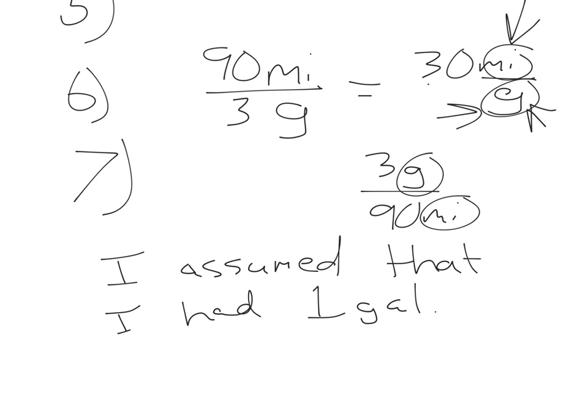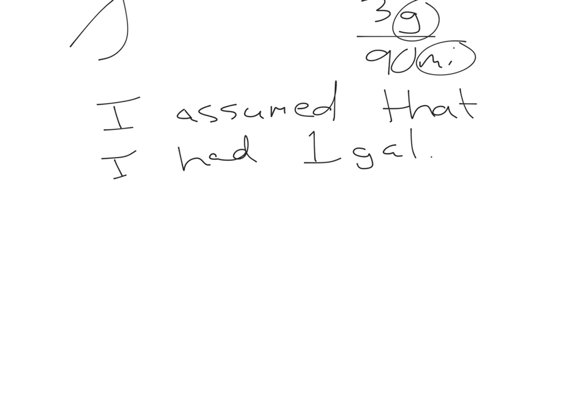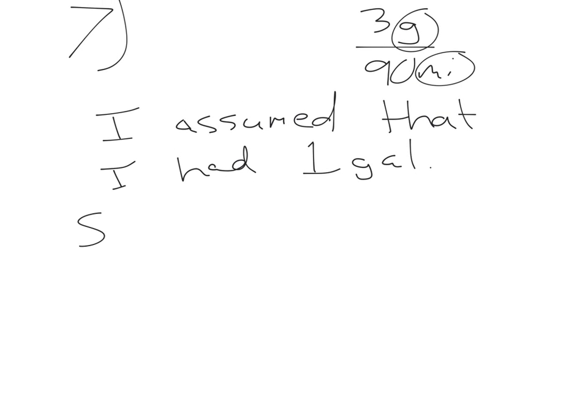That was how I did my ratio. And that's always going to be true. If you hear someone say something per something, the bottom, or the second unit, is always assumed to be 1 of that unit.